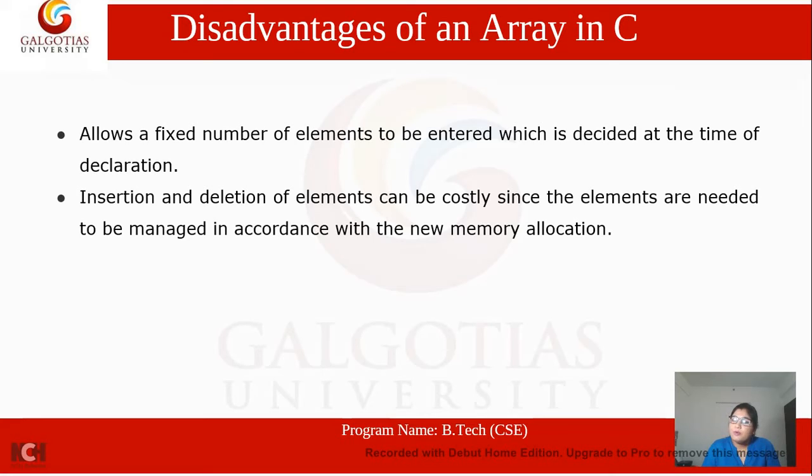When I say 4 elements, I am not saying that this is the size of my array. Suppose we have size of array as 6 and we have initialized only 4 elements: first element, second, third and fourth. The rest 2 are blank as of now, and if we are talking about integer type variables, we will initialize them with value 0, 0.